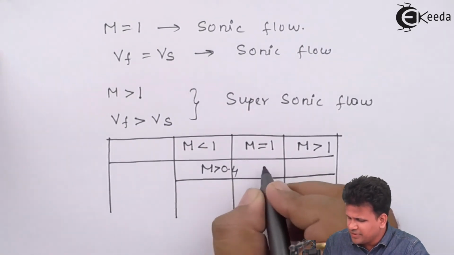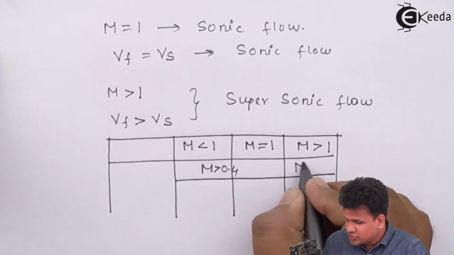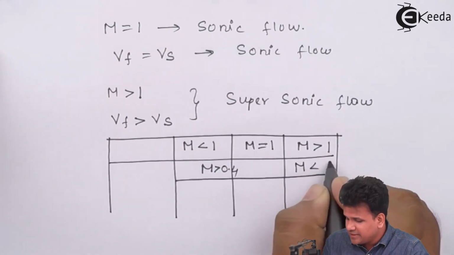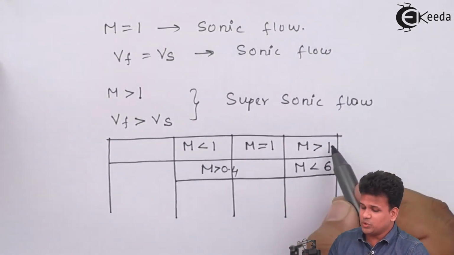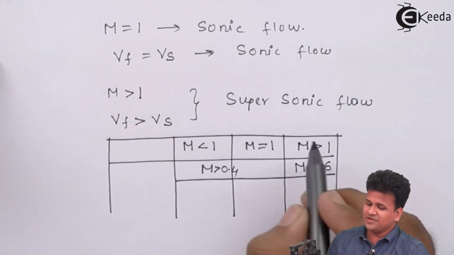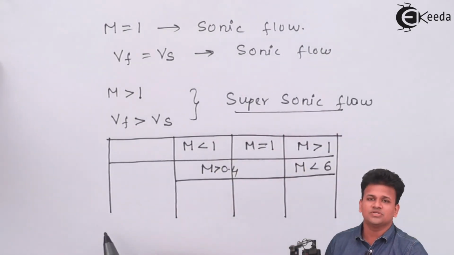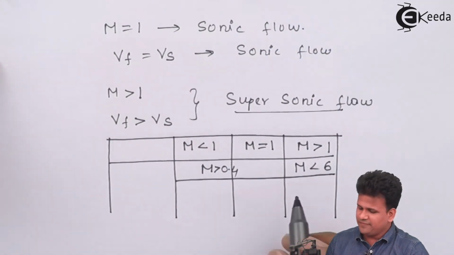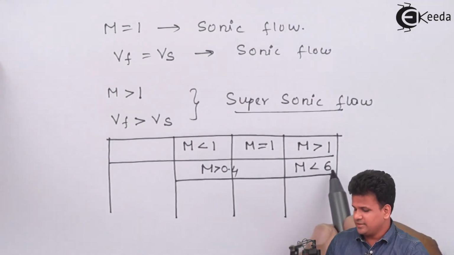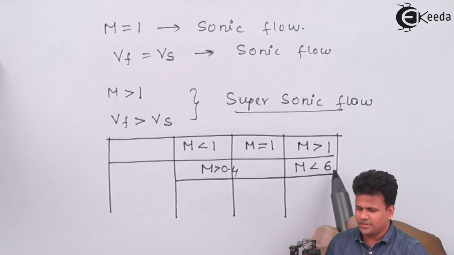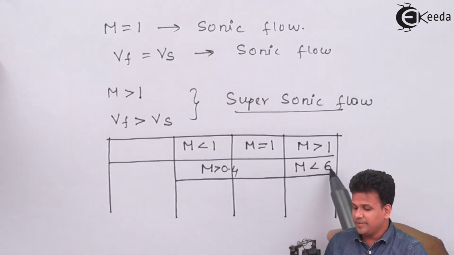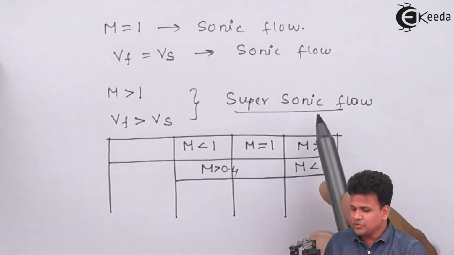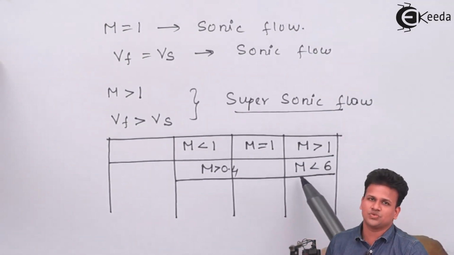Here there is no limit, but here it should be less than 6. So if the Mach number is greater than 1 but less than 6, then only it will be considered a supersonic flow.